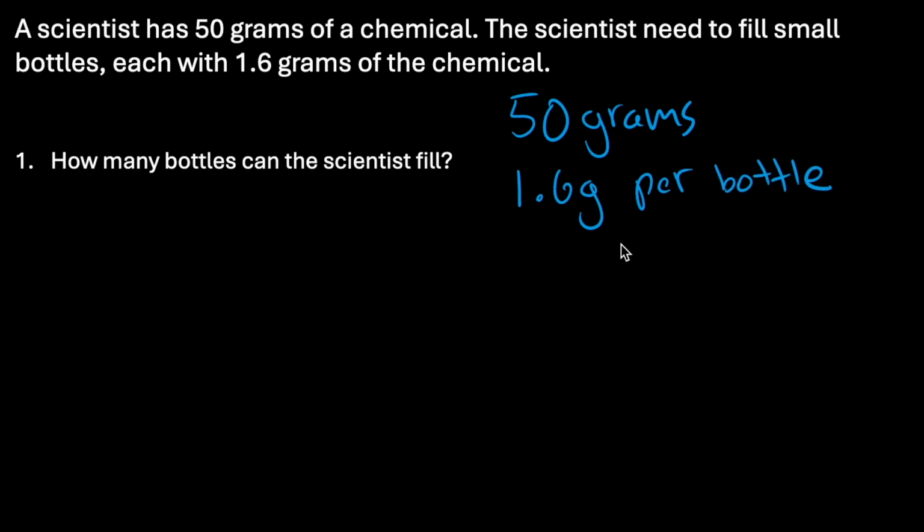And so we need to see how many times 1.6 can fit into 50 grams. That way we know how many bottles the scientists can fill. So our dividend will be our total. So 50 divided by our divisor, 1.6, equals.